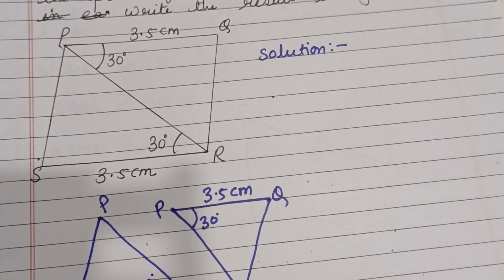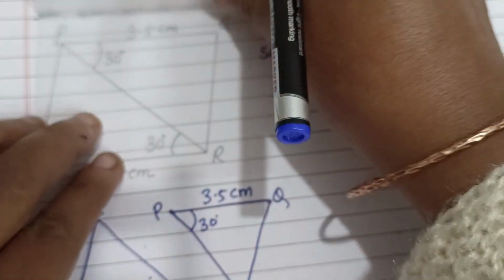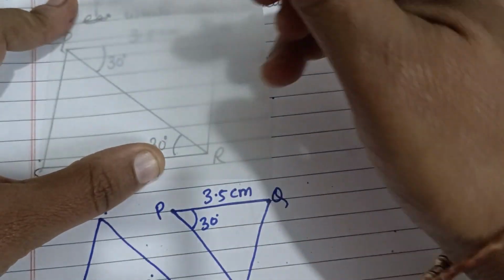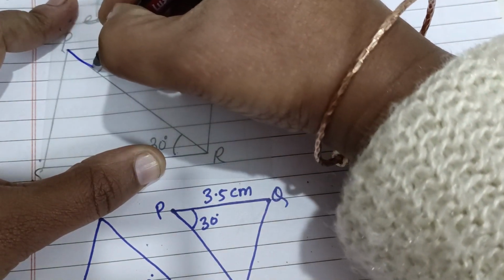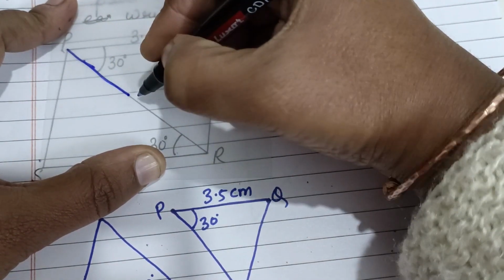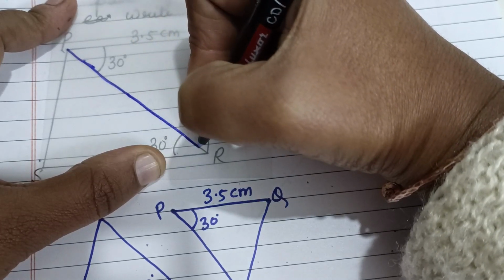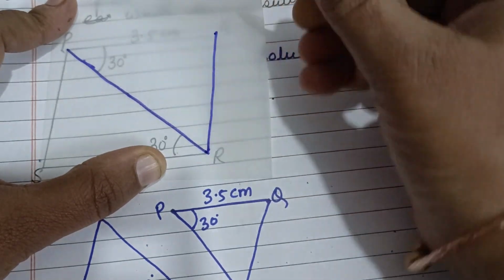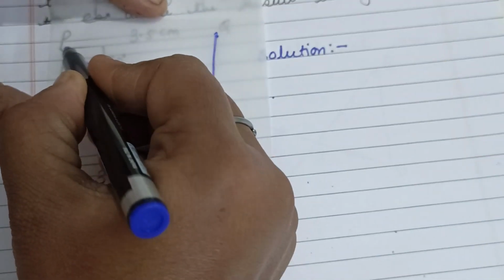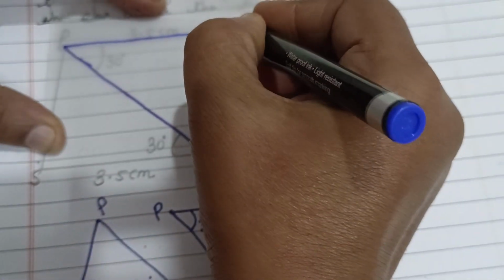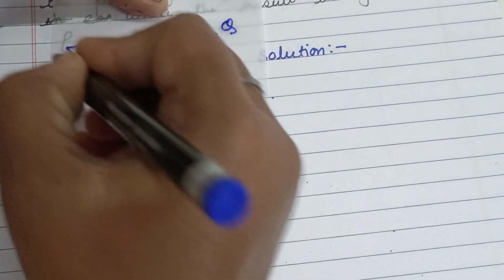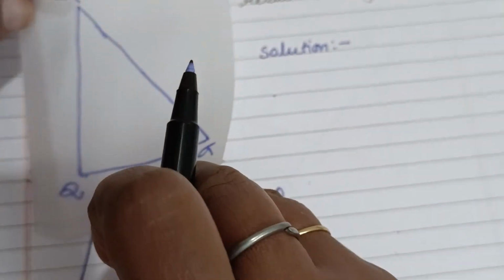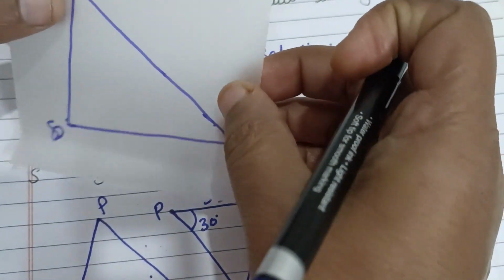I can see it by using the tracing paper also. This was the given diagram to us. Now I can make one rough trace. I am just making the rough trace of PQR, and I will overlap it on the other part. This part is Q, this part is R, and this is P. Now let me check whether they are overlapping.